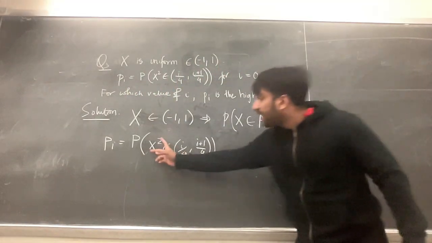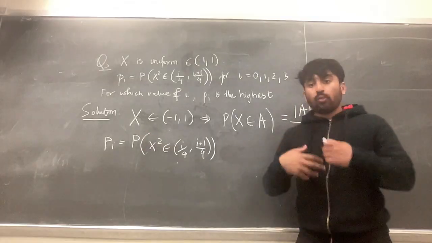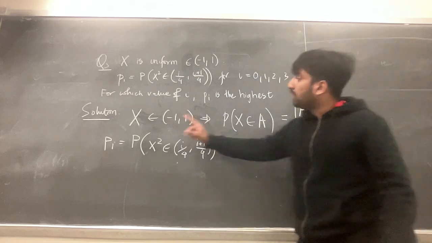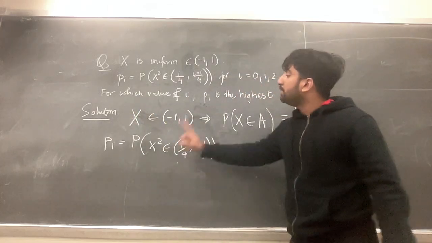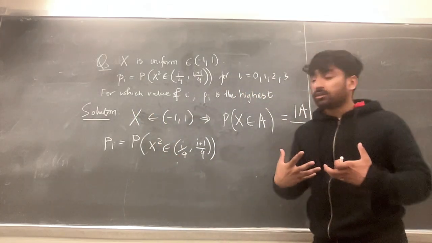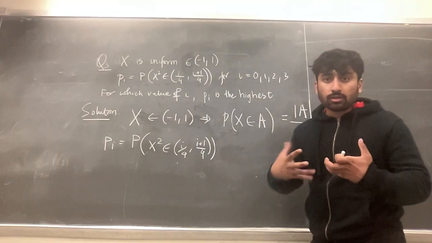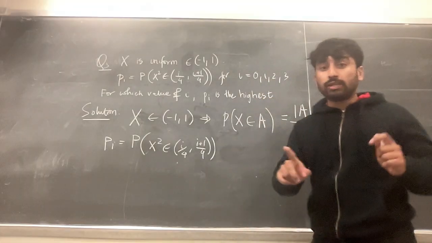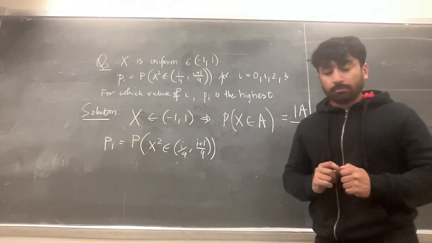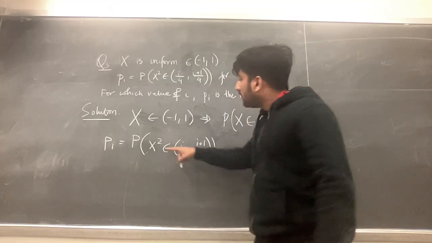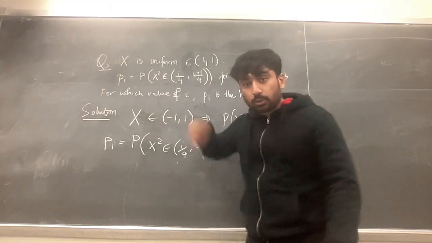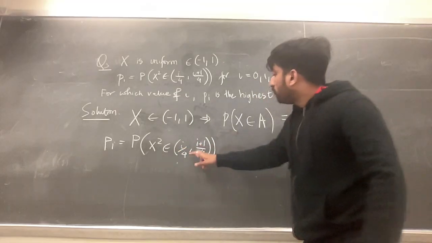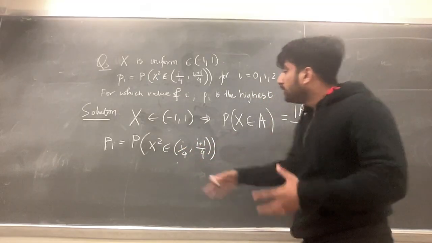One way is to find the distribution of x squared, which demands that you calculate the PDF of x and then the PDF of x squared using the change of variable. There is a result for that. But we will not do that. What we will do is always simplify the problem. We will transfer this x squared probability back to x probability. How to do that? We will find for what region of x values x squared will be in this interval.